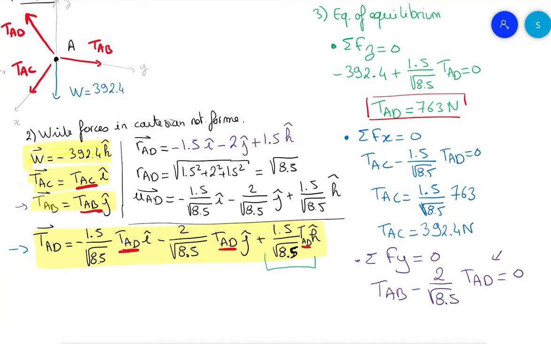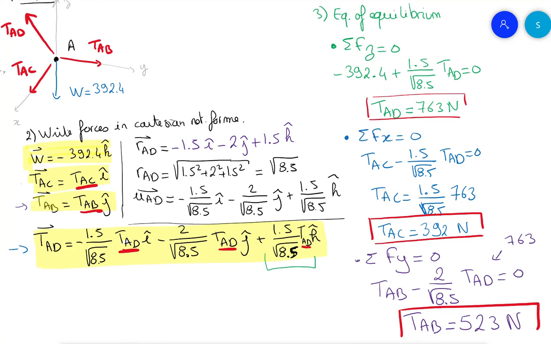We replace again TAD by 763, and we get TAB equal to 2 times 763 divided by the square root of 8.5. That's 523 Newton. And I should write TAC as 392 Newton, just to keep three significant figures.